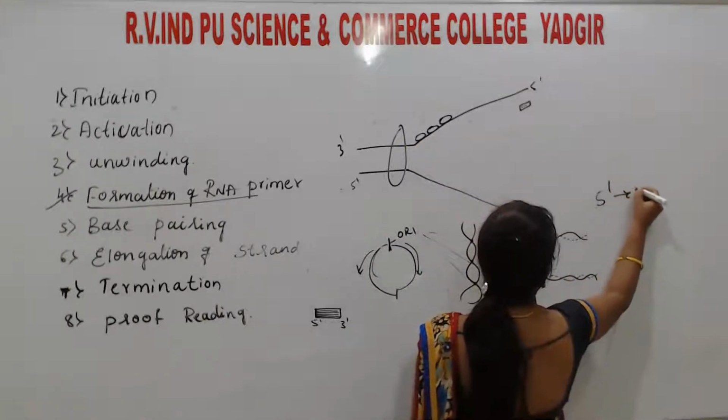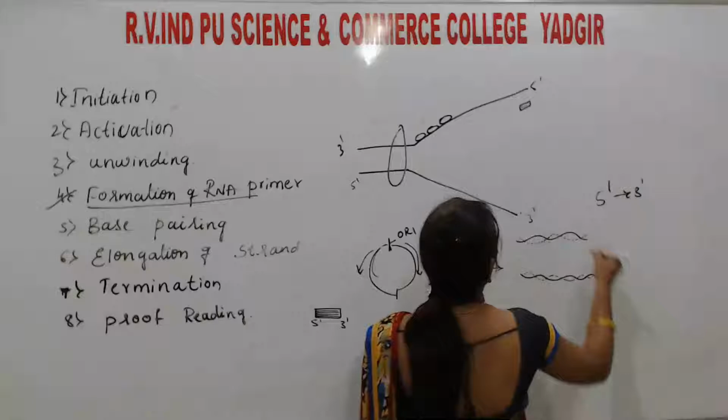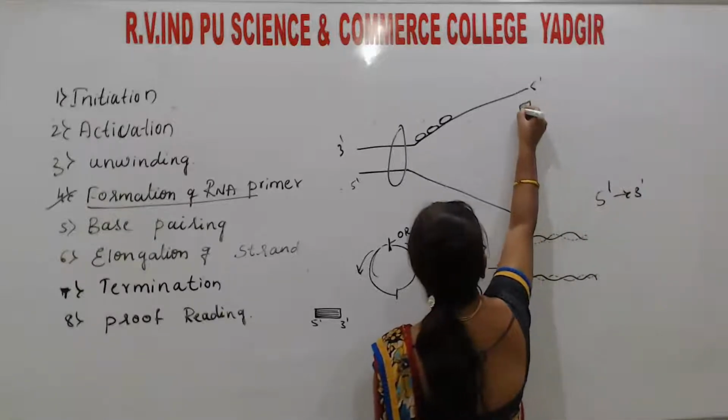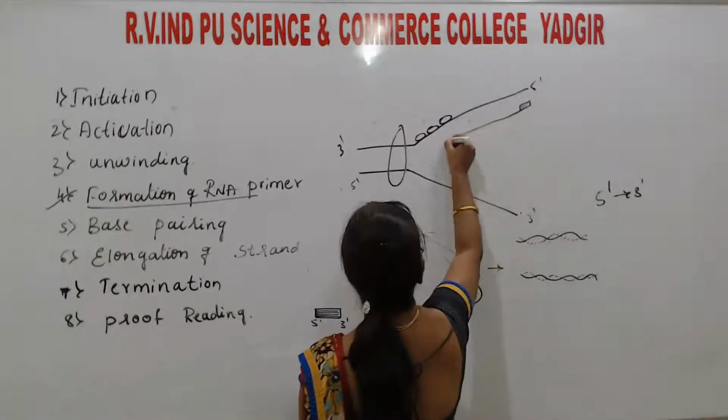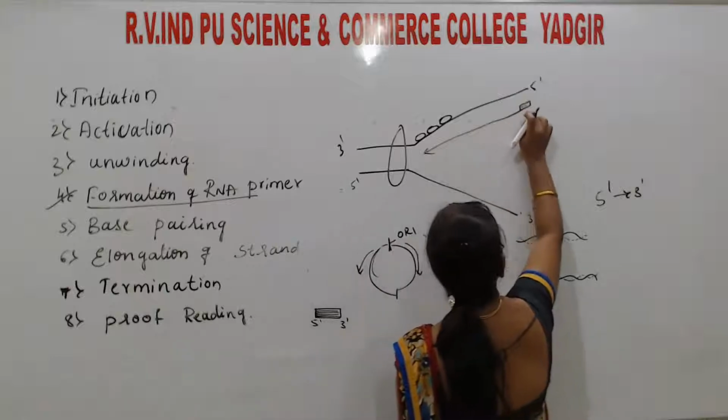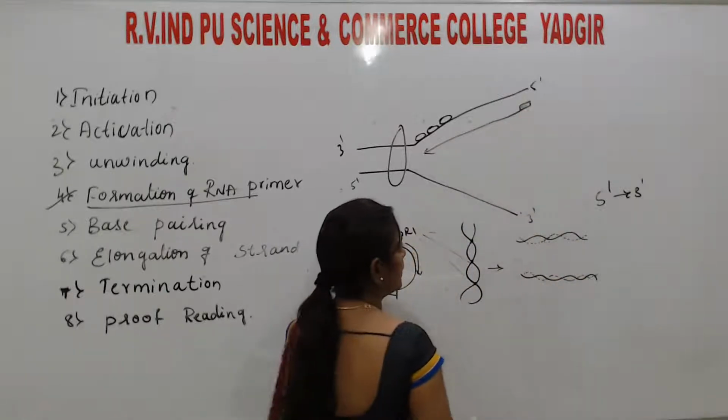How does it move? From 5 prime to 3 prime direction, and it forms the template. This is the formation of the RNA primer.